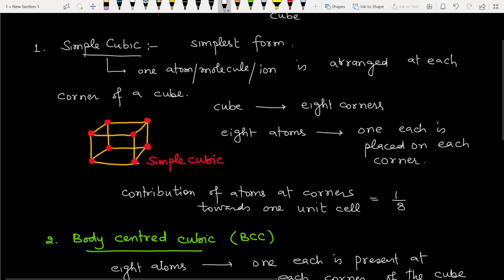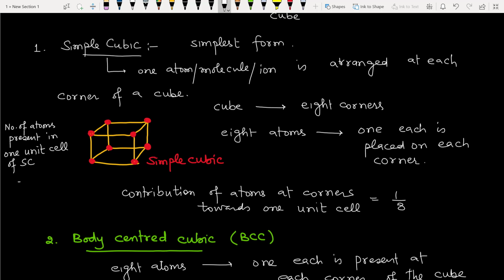One more thing is left. If we are to calculate the number of atoms present in one unit cell of simple cubic arrangement, there are 8 atoms in total, 1, 2, 3, 4, 5, 6, 7, 8, and each atom has 1/8 contribution.